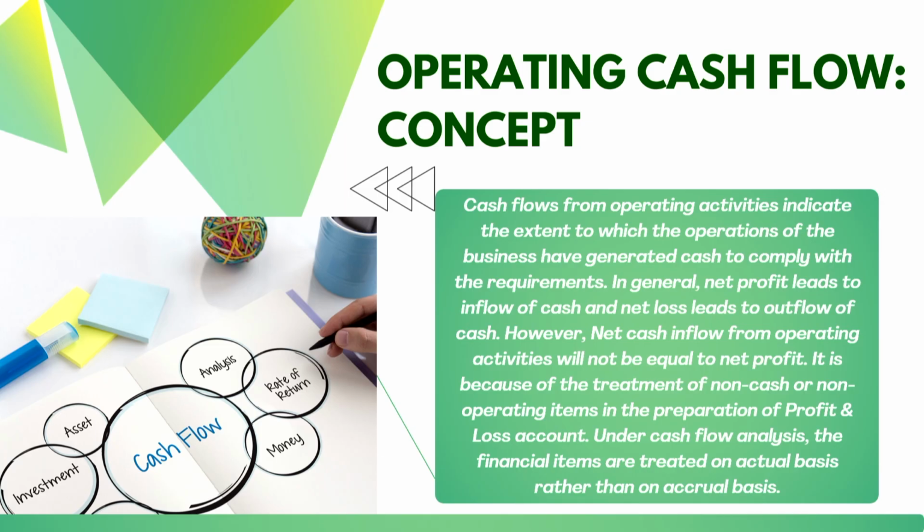Under cash flow analysis, the financial items are treated on an actual basis rather than an accrual basis, and by this change of basis of accounting, obviously different items will be accommodated while preparing the cash flow statement compared to the profit and loss account orientation.